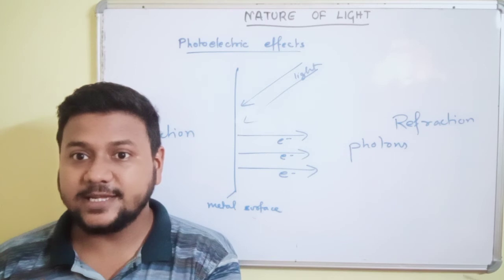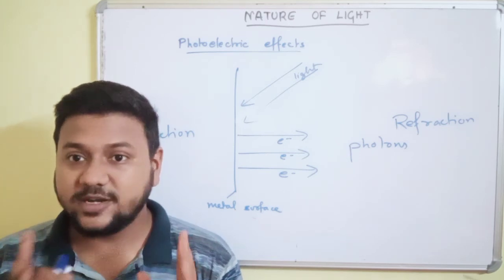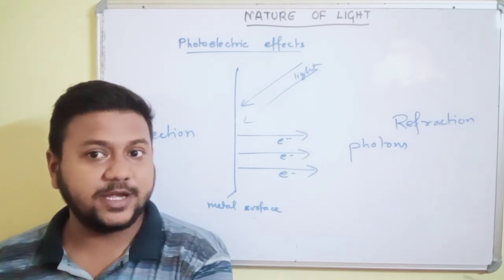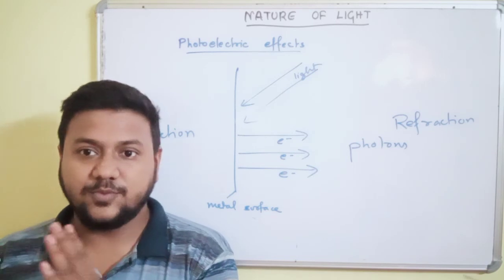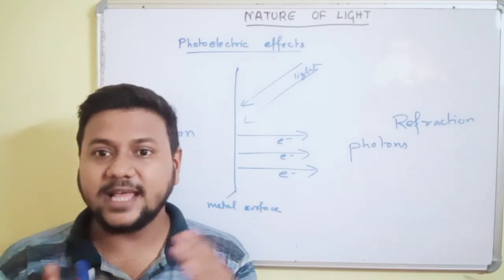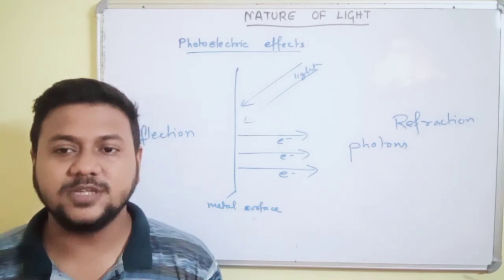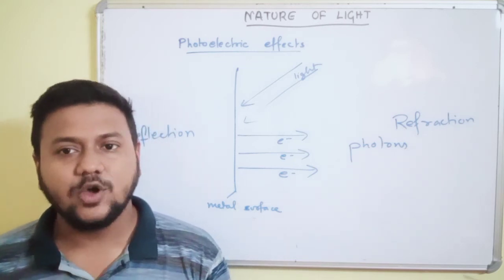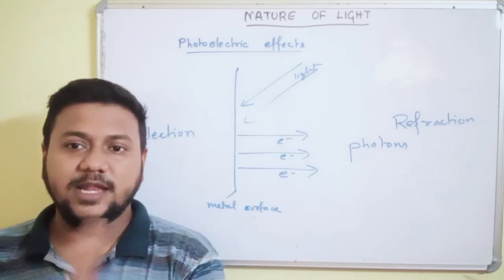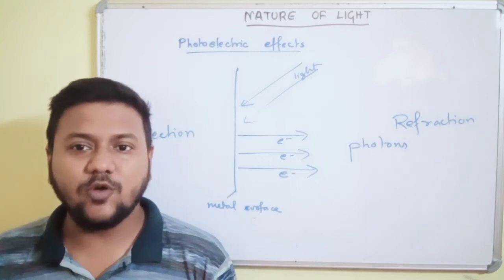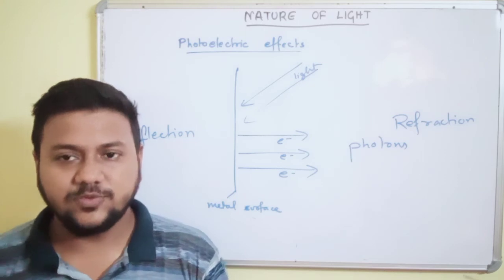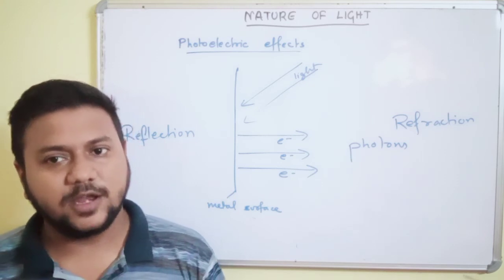Electromagnetic radiation with a wavelength less than 380 nanometers is called ultraviolet light, whereas radiation above 750 nanometers is called infrared light.